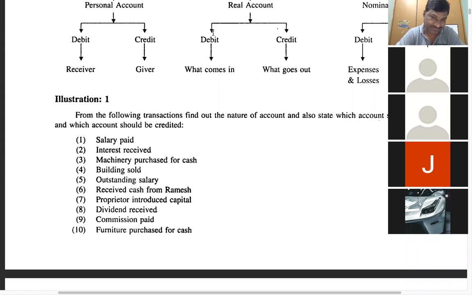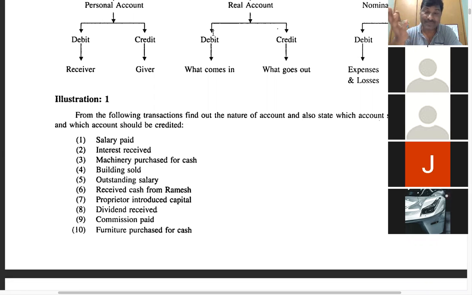Next, Malik Khan. Yes, sir. Yeah, please. Next transaction. Building sold. Nothing is mentioned, so it is implied that it is for cash. If it is for credit, the name of the person will appear there.